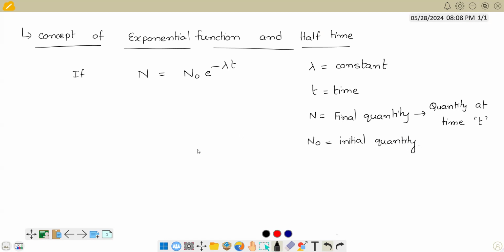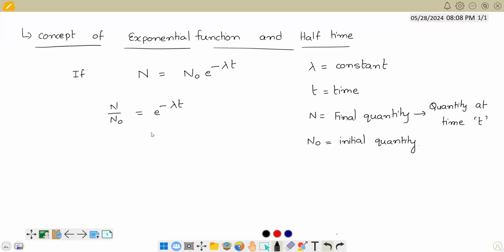In this situation, there are some observations that we can make with this function. First, I will rearrange this. I can write this as N by N naught equals e power minus lambda t.